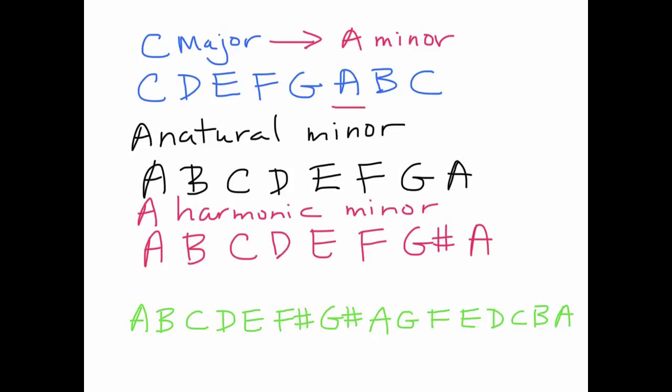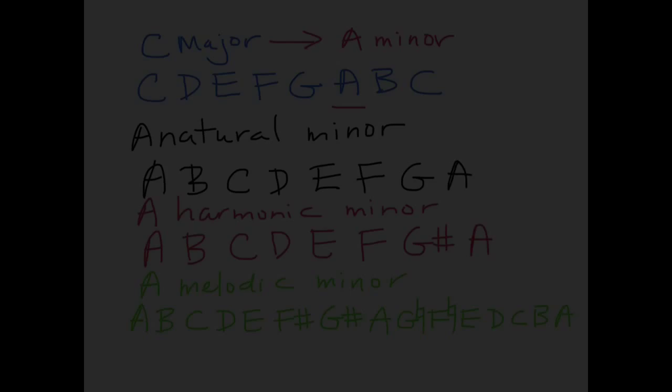So that sounds much more melodic, and that's why this is called the A melodic minor, because you raise the notes going up and you lower them back coming down. Now I want to point out too that when you're writing this in music, you've got to actually write the natural signs in to cancel the sharp signs. So please remember to do that.